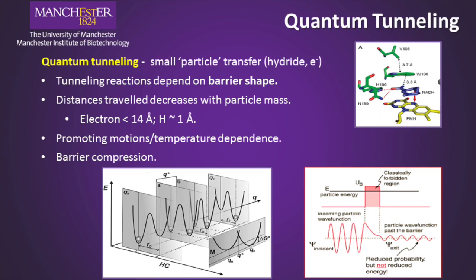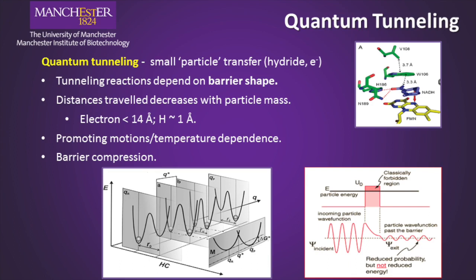The distance traveled by quantum tunneling decreases with an increase in mass. So electrons are very effective at tunneling over relatively large distances, up to around 14 angstroms, and hydrogen can indeed tunnel over much smaller distances, typically around an angstrom.